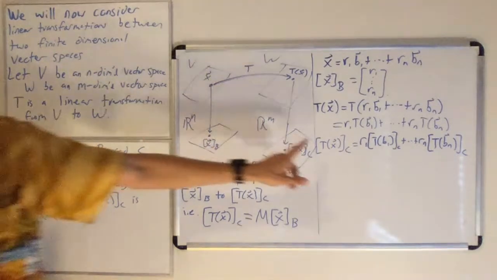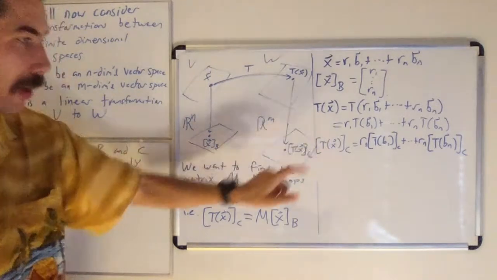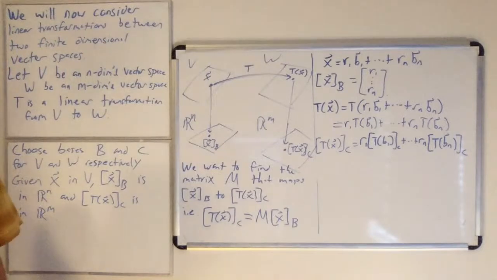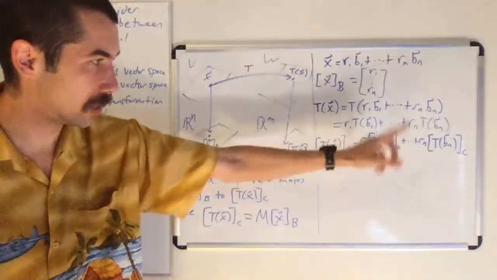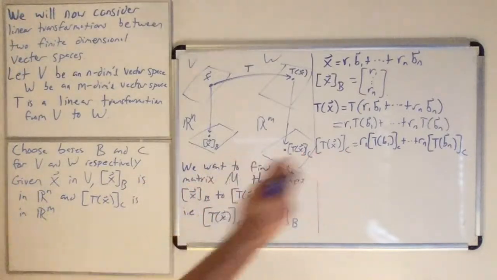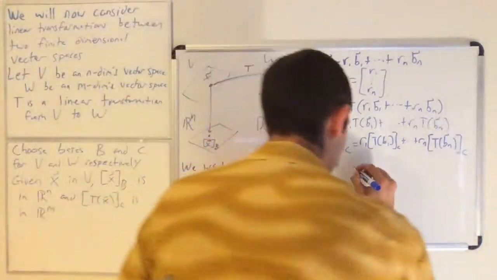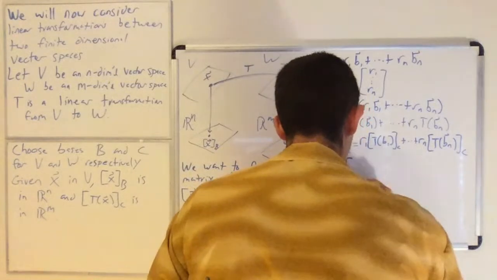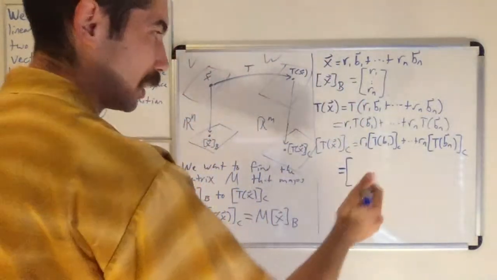Okay, so we have the C coordinates of T of X is equal to this linear combination. Well, we could rewrite this part, the right-hand side, as a matrix times a vector.